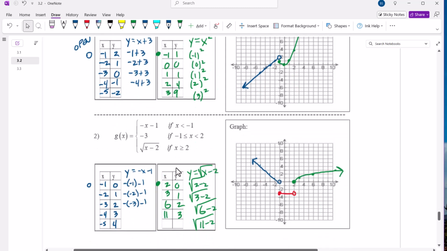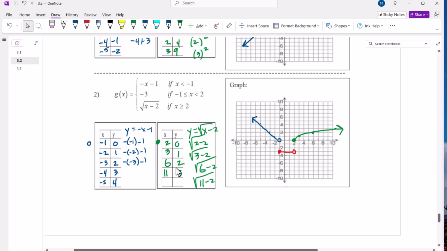Okay, so the next one, and you can pause the video right now to correct things. Number 2 looks like this. You have 3 pieces. So the first piece is, again, open on the -1. Notice that I used -1 and I made sure that I was using an open bubble there. The one in the middle is just y equals -3. So I had you closed on the 1 and open on the 2.